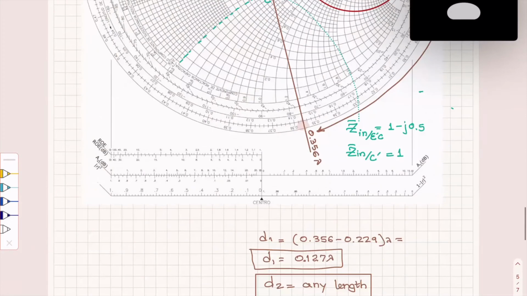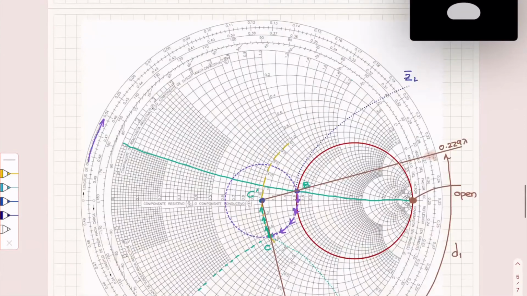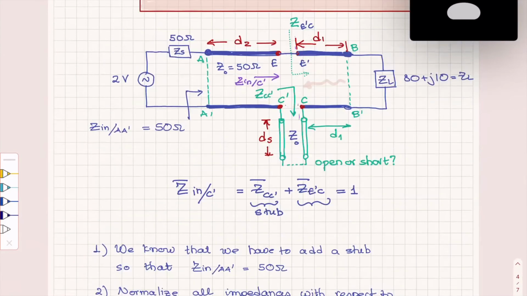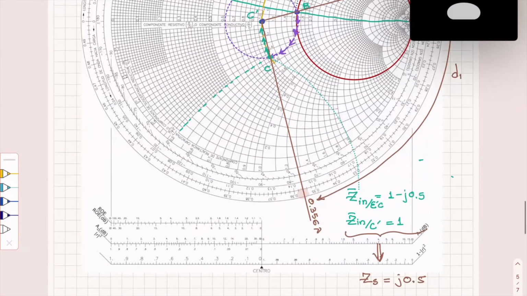And from these two, we conclude that z of the stub is equal practically to j0.5, because the stub is in series with this impedance here, and this impedance at that point is 1 minus j0.5.